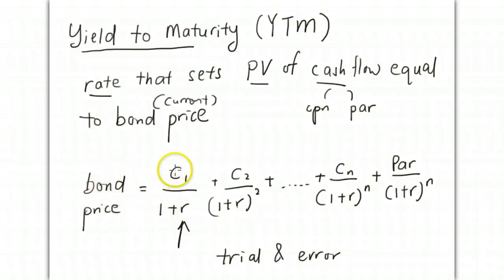We can do that because we already know the coupon rate, the par value, and the bond price. So we substitute a random value of R and see if it equates. If it doesn't, we try another one, and keep trying until we get the answer. This is called trial and error, which we will demonstrate later in our Excel VB assignment.